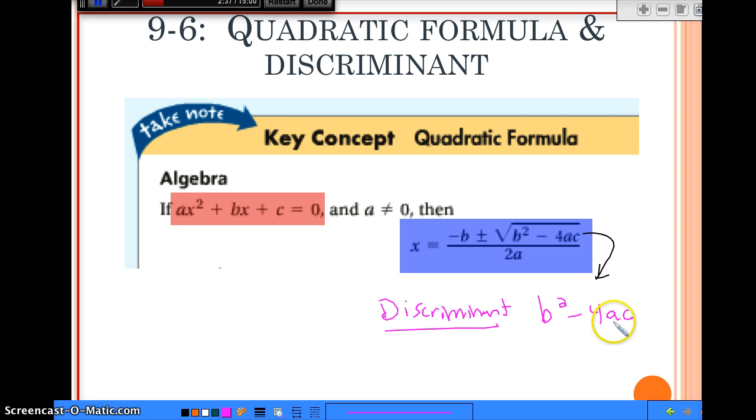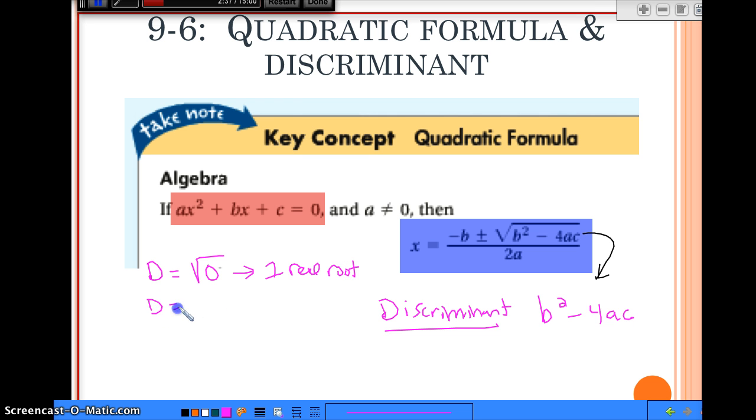The discriminant will actually tell you what kind of roots you're going to end up getting. So for example, if the discriminant, I'll say d, if the discriminant comes out to 0, don't forget it's falling under a radical, so it'd be square root of 0, therefore you're going to have one real root, one answer that's a real number.